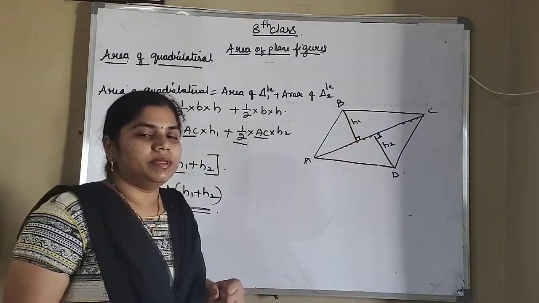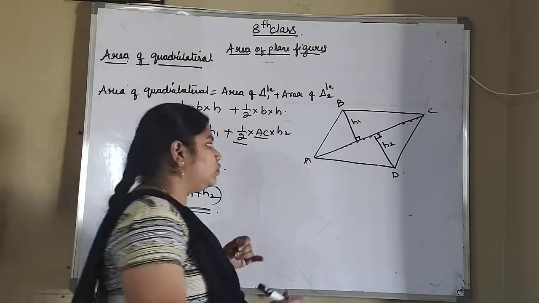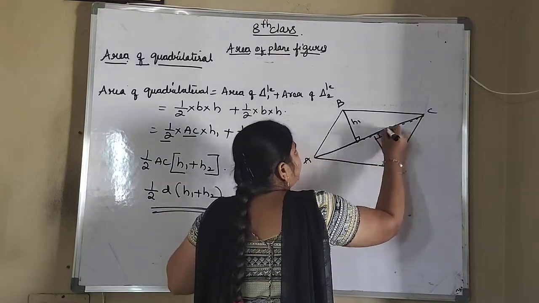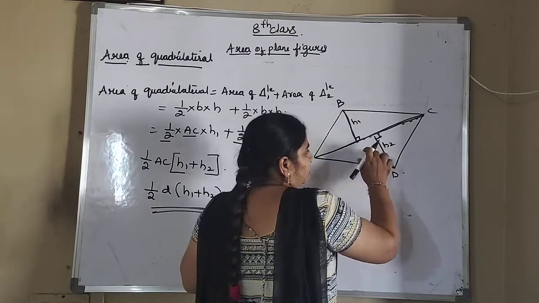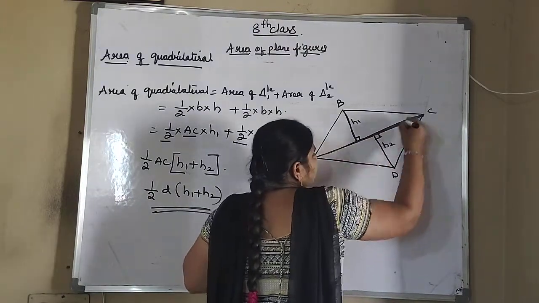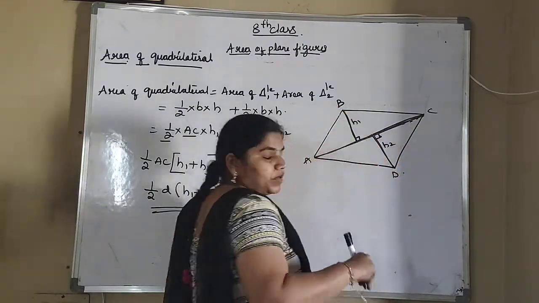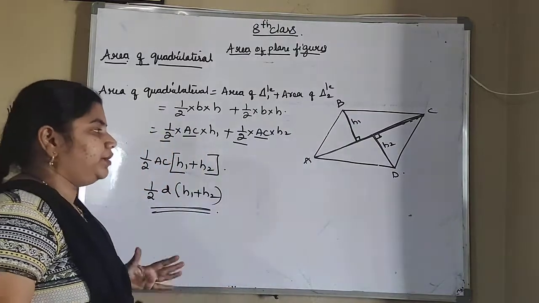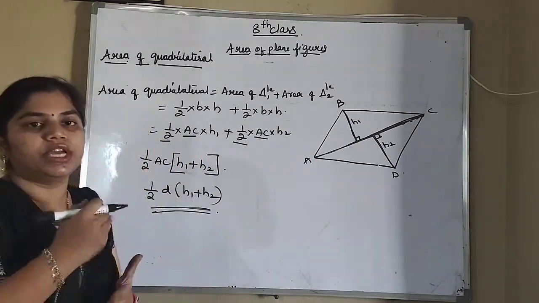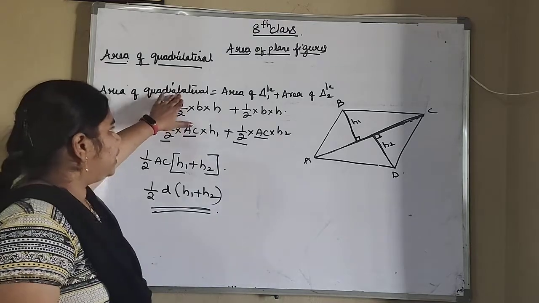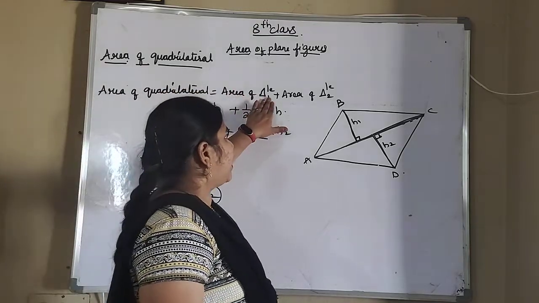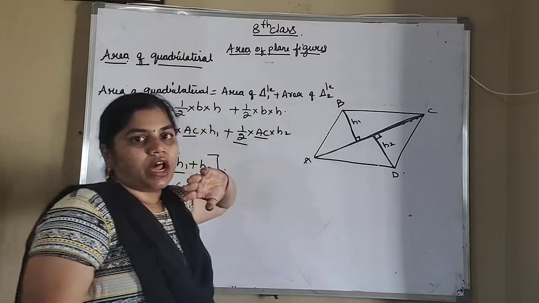In each triangle you will see a base and a height. If you add triangle 1 and triangle 2, then only the quadrilateral will be formed. So area of a quadrilateral equals area of triangle 1 plus area of triangle 2.